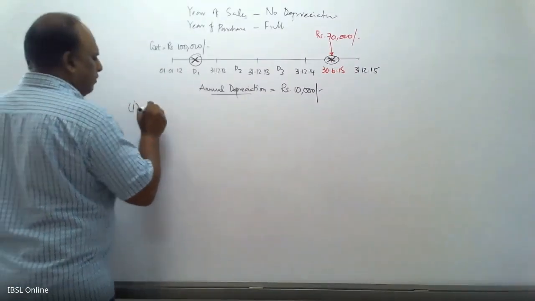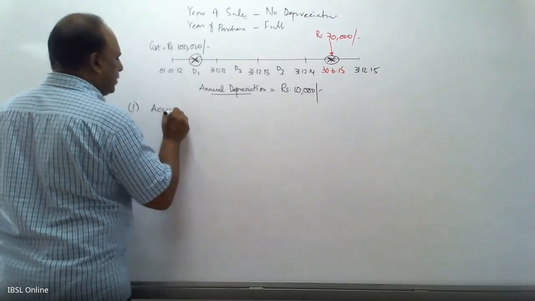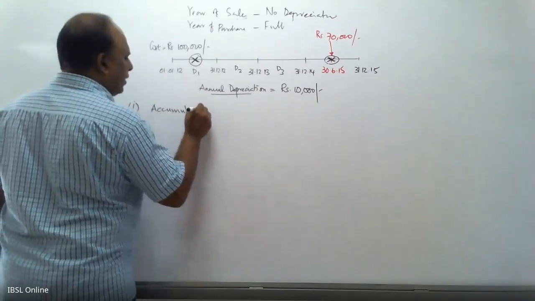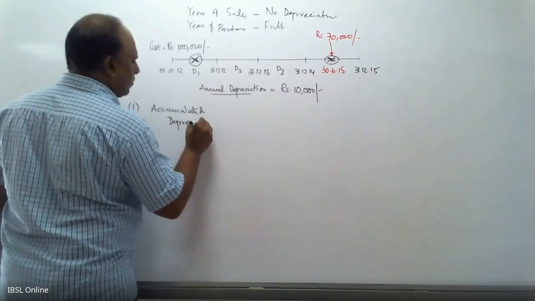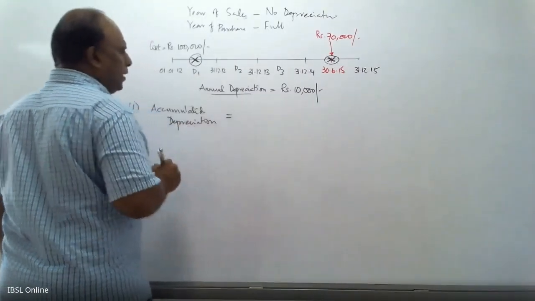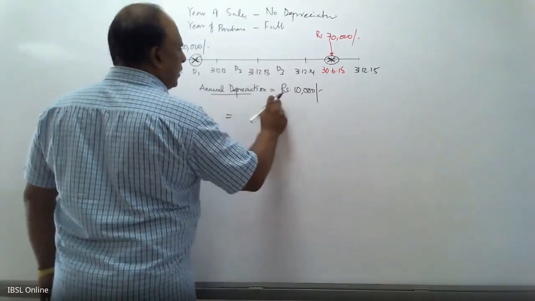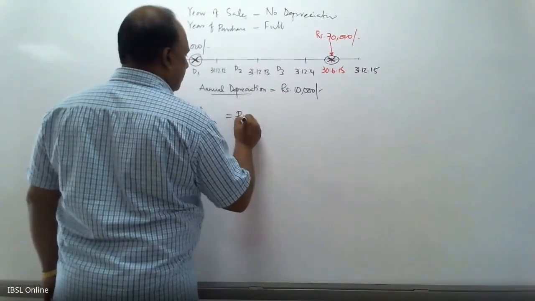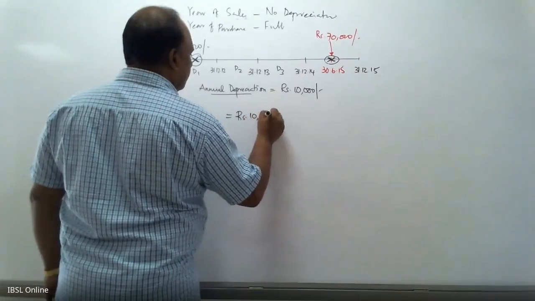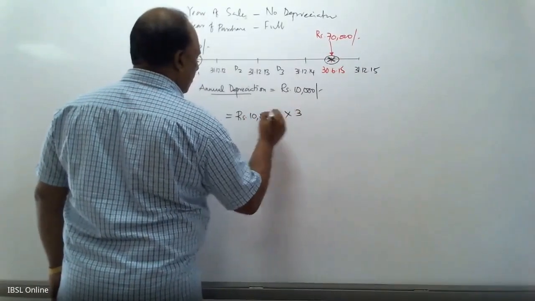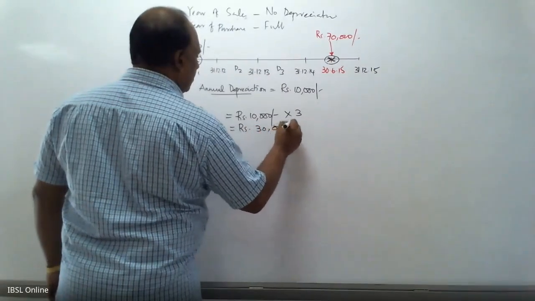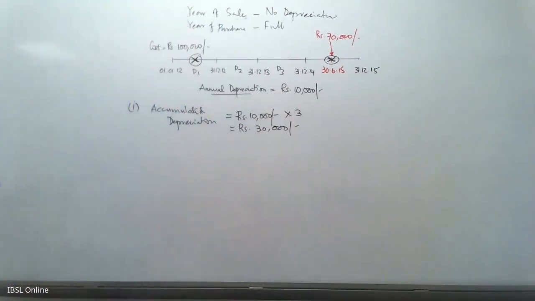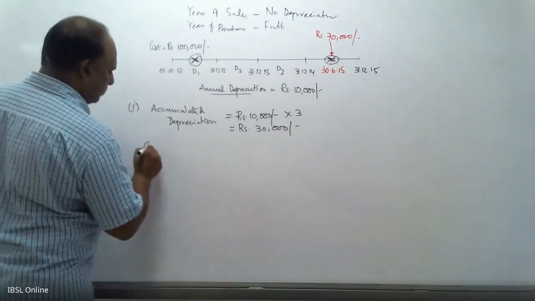Answering the first part, first you have to calculate the accumulated depreciation. Accumulated depreciation would be 3 years into 10,000, which is rupees 30,000. Based on that, we can calculate the carrying value.